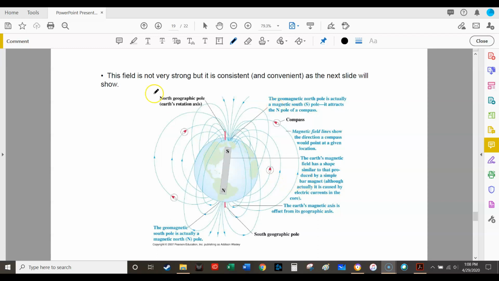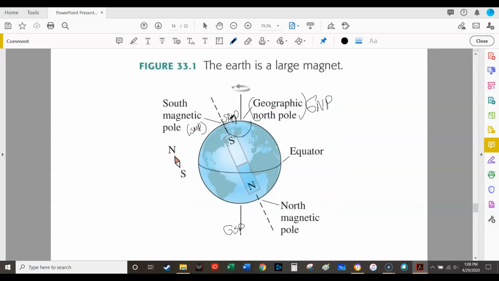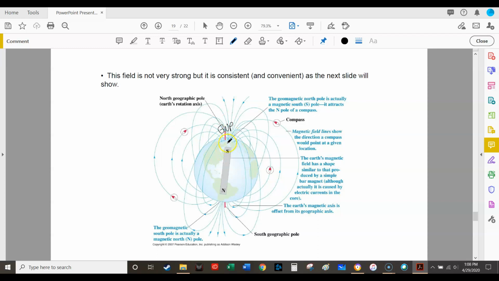So what you find is that geographic North Pole is up top here. This is also in the vicinity of the magnetic South Pole, right?